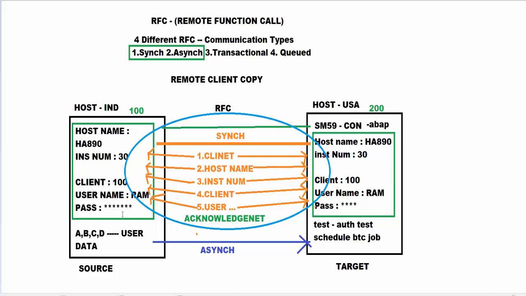So the source system sends the data to the target system in asynchronous method. That means for sending the data, all the verification is done, so no acknowledgement is required. That's why we can say that in synchronous method we get the acknowledgement, in asynchronous method we won't get the acknowledgement.